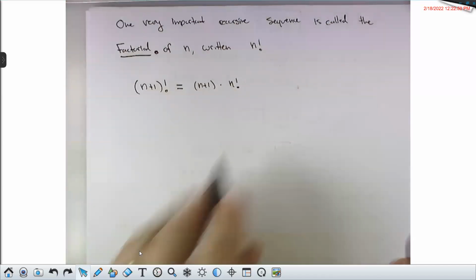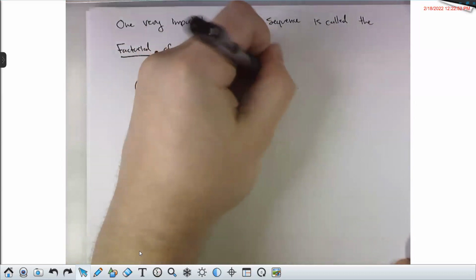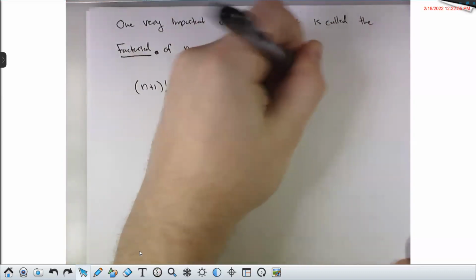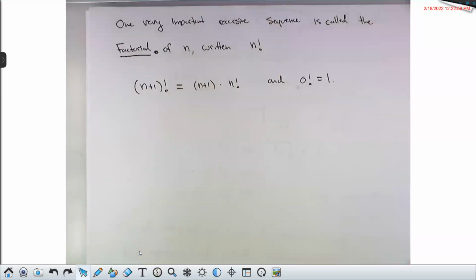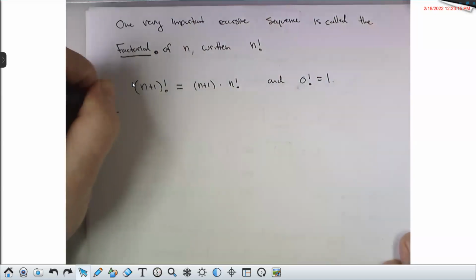This is your recurrence relation. And the initial condition or initial value is that 0 factorial is the number 1. And this bothers people, but don't be bothered by it. It's just a definition. It can be justified combinatorially, lots of different ways. Let's list the first few factorials.